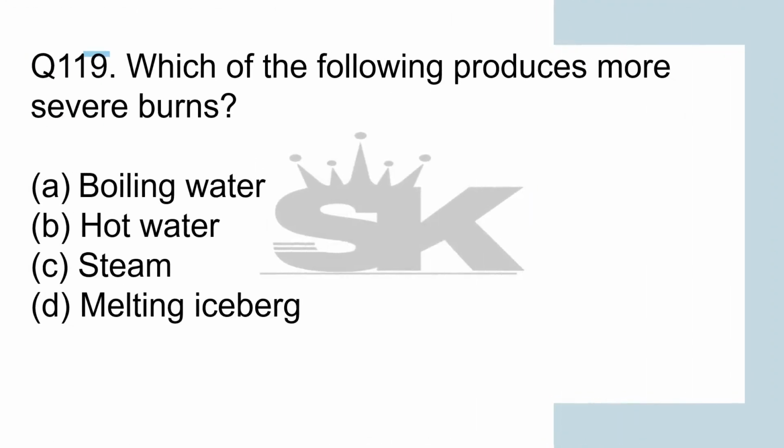Which of the following produces more severe burns? That is steam. Steam will produce more severe burns than boiling water because steam has more heat energy than water due to its latent heat of evaporation.